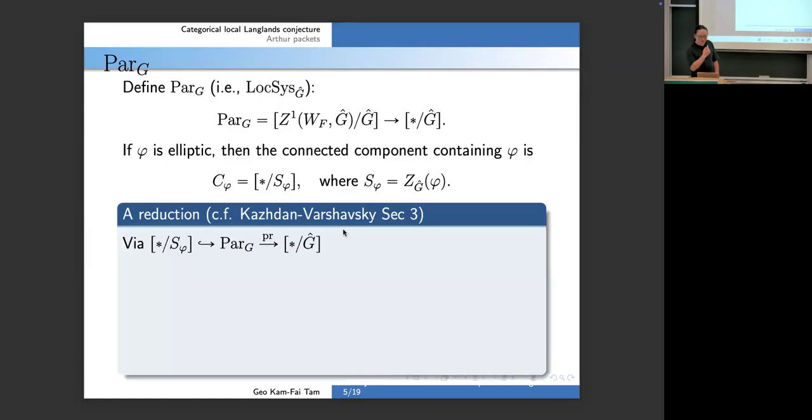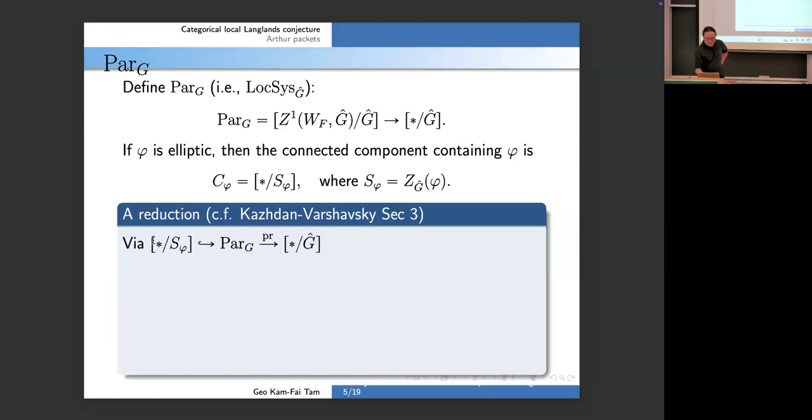So to understand the spectral action of the category of perfect complexes on the derived category on Bun G, Kastan-Rashevsky gave a nice reduction to bring the statement back to the usual representation theoretic statement that we see in the classical local Langlands.